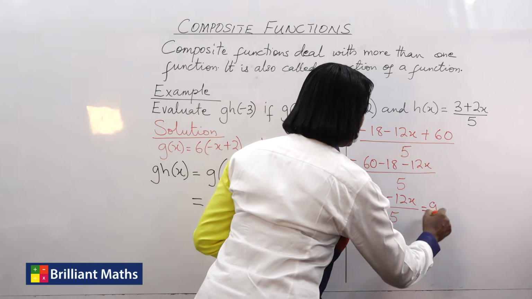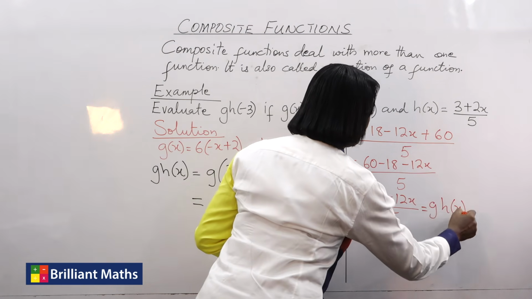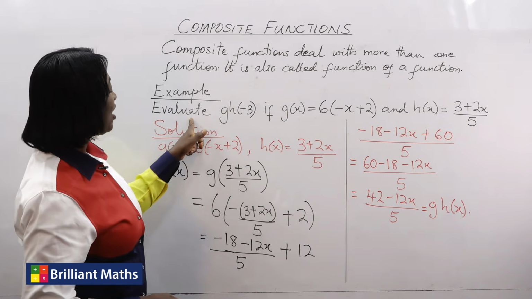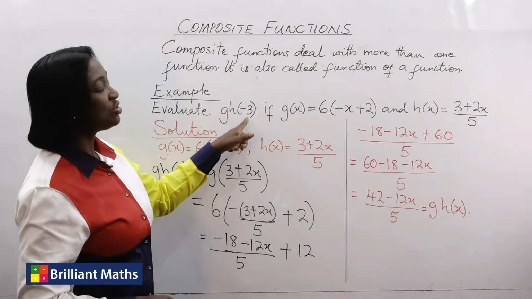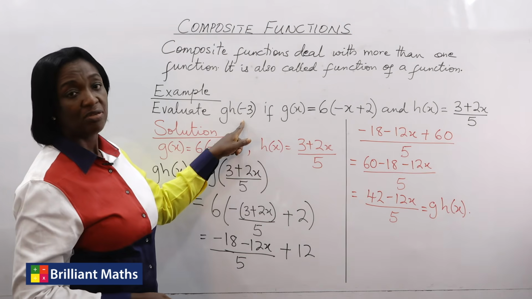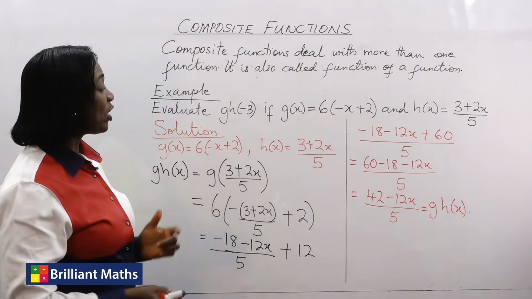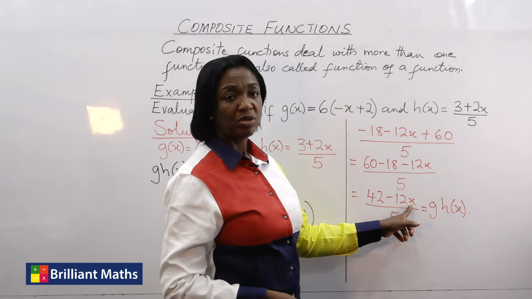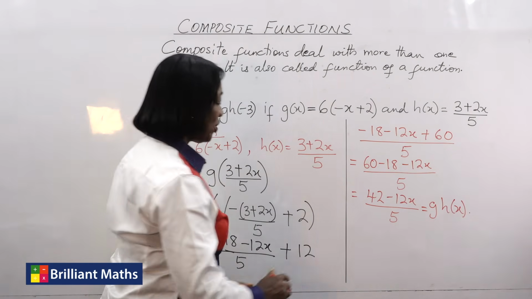So that is gh of x. What were we supposed to find? It says evaluate gh of minus 3. So meaning when x is minus 3. So next, we're going to substitute the value of x. So x is supposed to be minus 3. So what do we have?